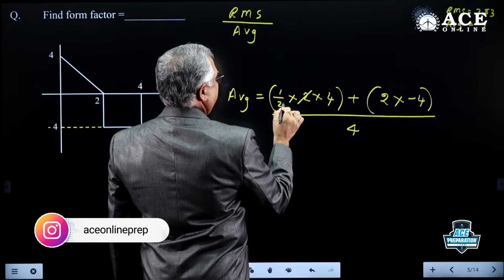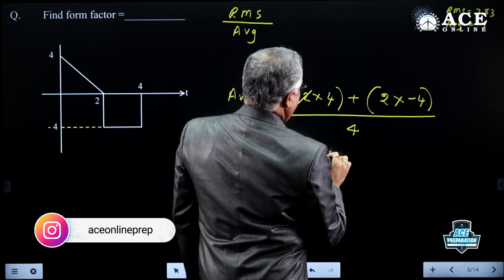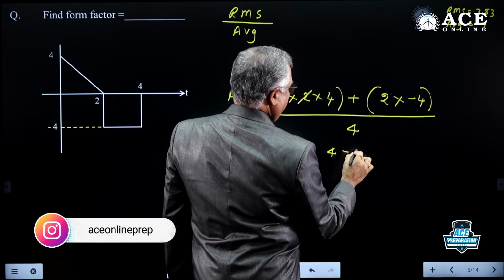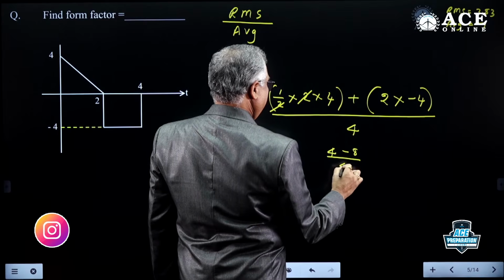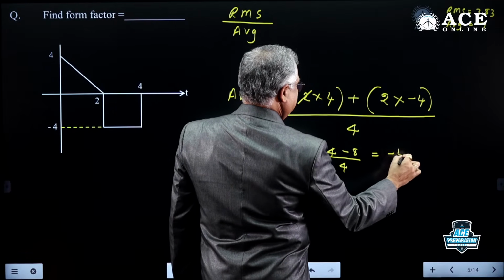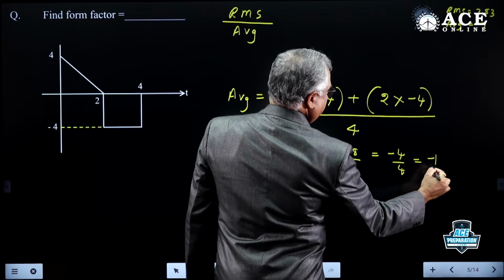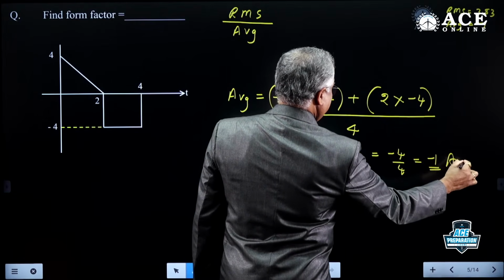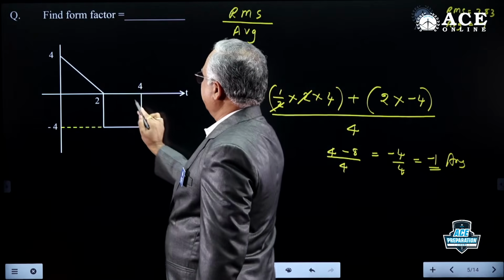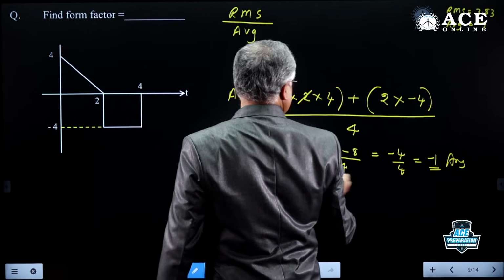So 4 minus 8 by 4, minus 4 by 4, equal to minus 1. So minus 1 is the average. This negative area is dominating, so the average we got is minus 1.